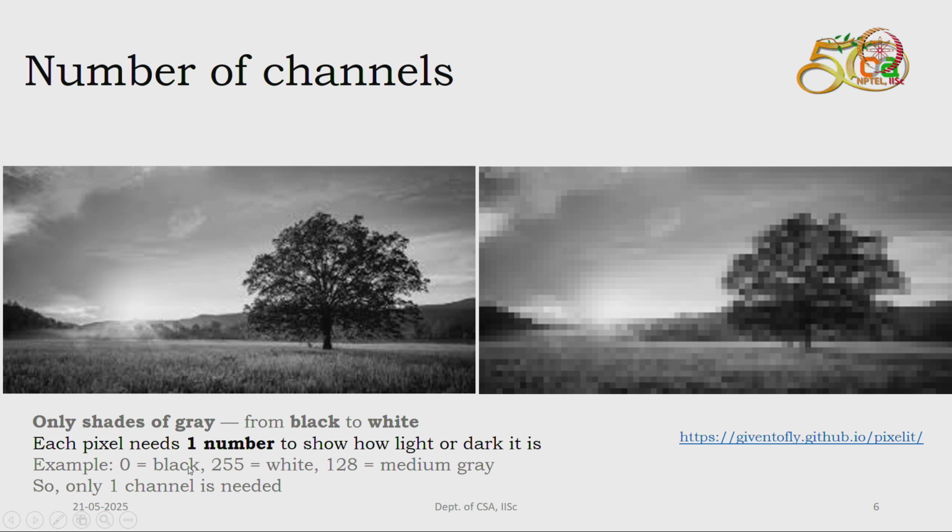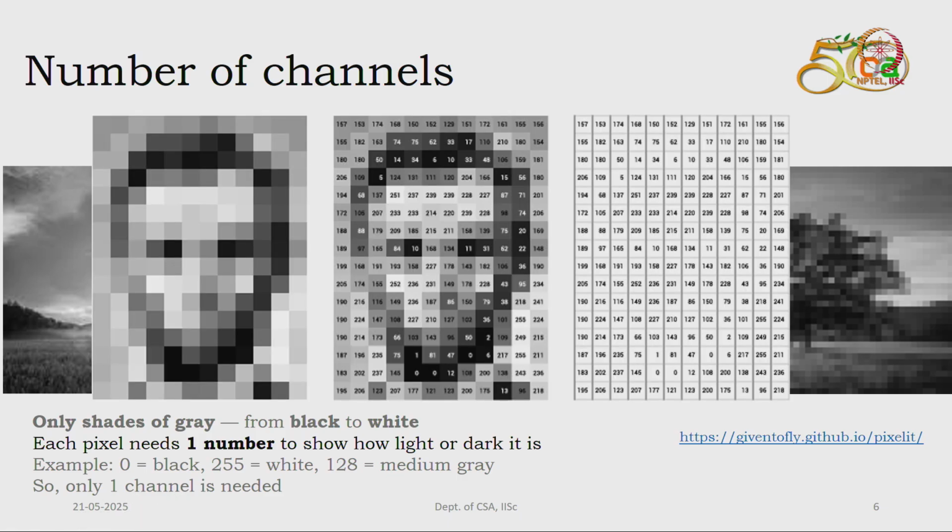What is 0 to 255? 0 is represented as black, and 255 is represented as white. Since it is a combination of black and white, or anywhere between black and white, you will have a value between 0 and 255 for every pixel. Therefore, whenever we are working on a grayscale, the number of channels that we need here is 1. This is an important point we need to remember from the implementation perspective. So, this is an example.